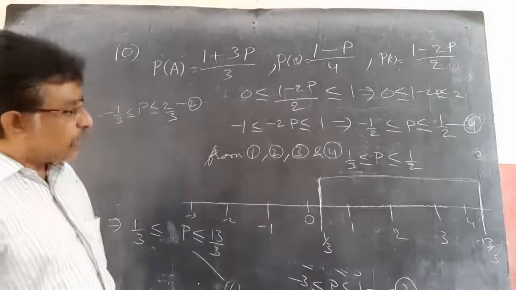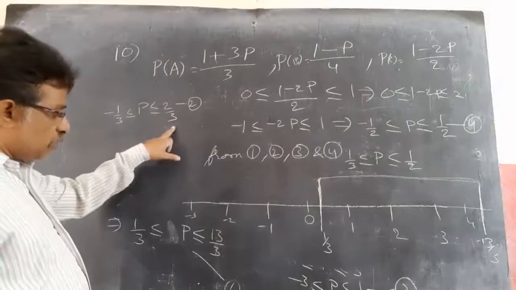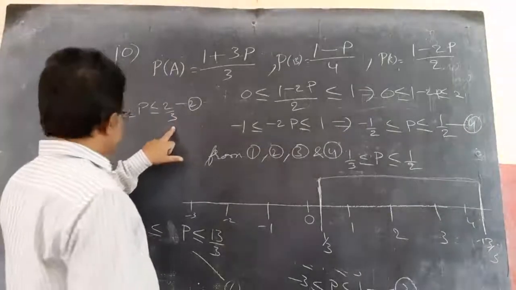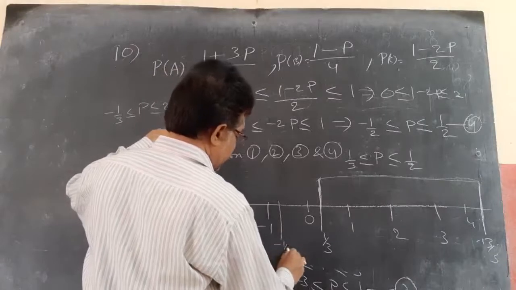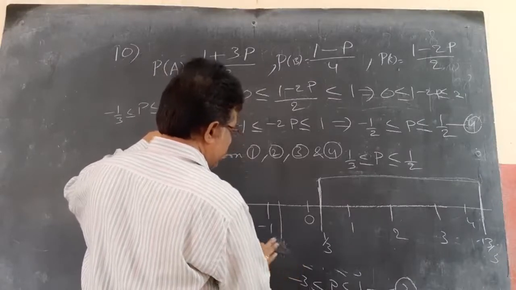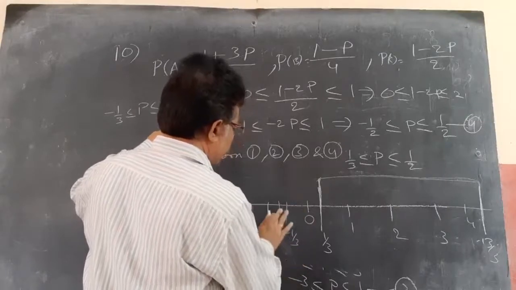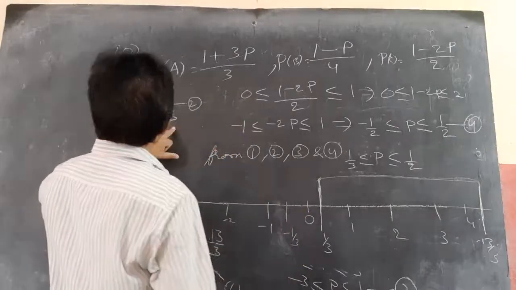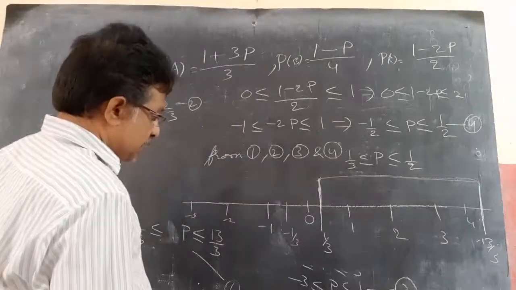And the second inequality, what is the second inequality? Minus 1 by 3 to 2 by 3. Where is minus 1 by 3? Somewhere here. Where is 2 by 3?